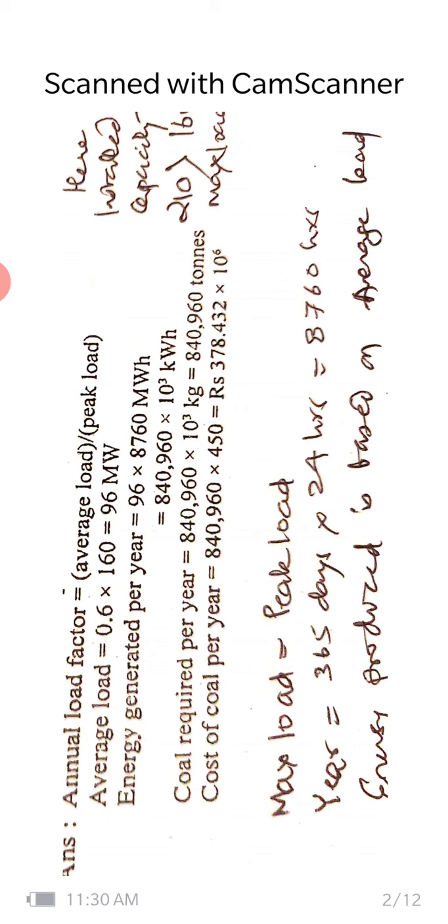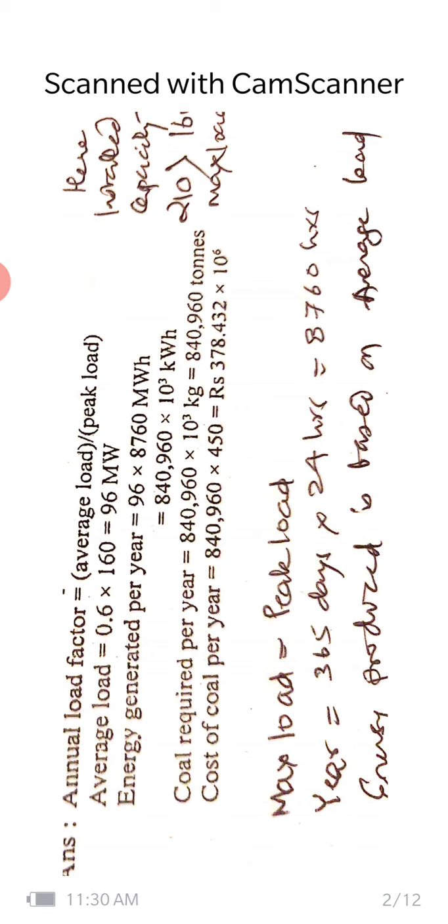Okay, capacity factor, this is not written here. I am telling you, the capacity factor is equal to average load divided by the installed capacity. Now the average load is 96 megawatt, installed capacity is 210 megawatt. So 96 divided by 210 is nothing but 0.45.